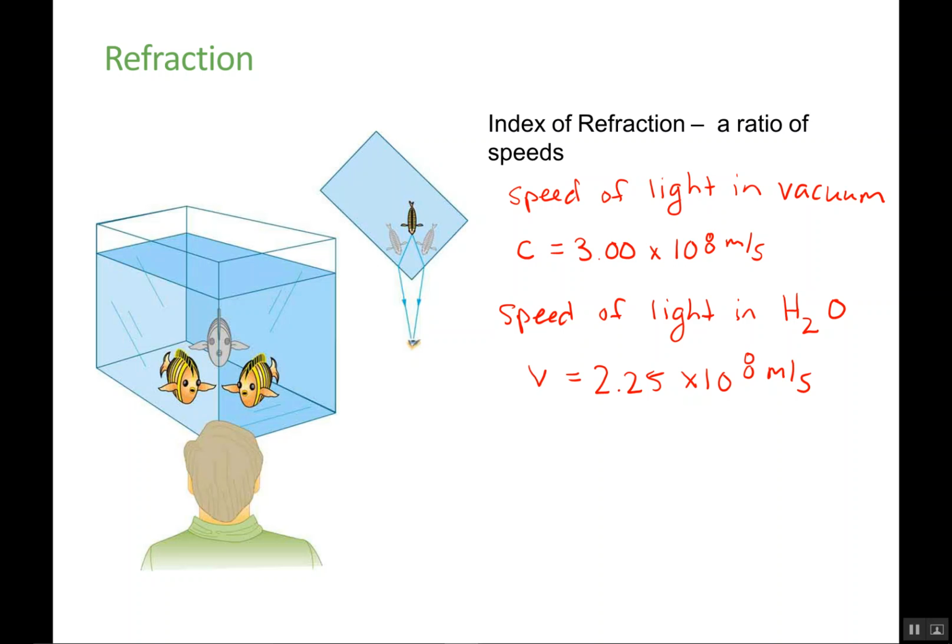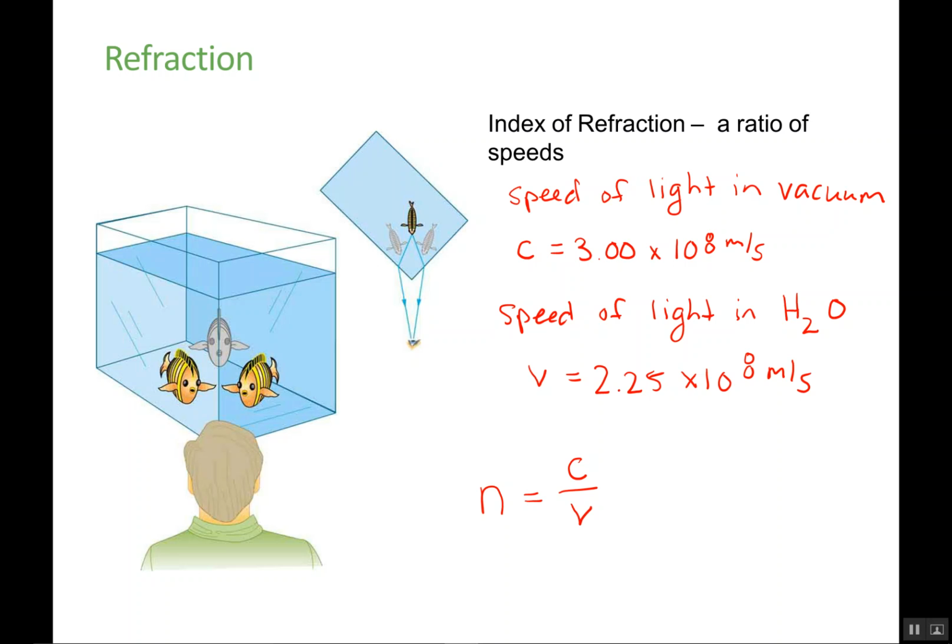It's only 2.25 times 10 to the 8th meters per second. So when it comes to refraction, it turns out that the ratio between the speed of light in whatever medium you're studying, whether it be water, glass, or air, relative to the speed of light in a vacuum is a very important parameter for understanding how refraction occurs.